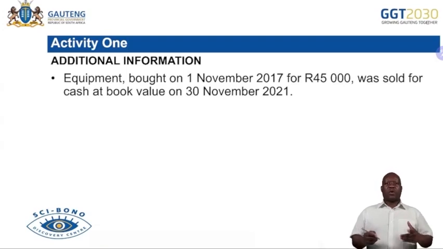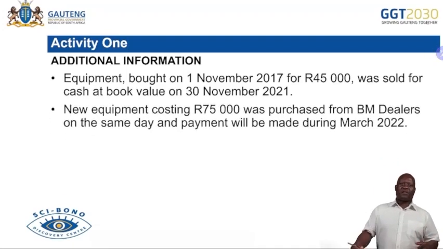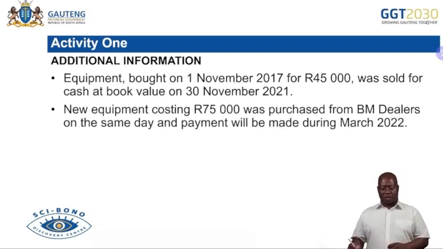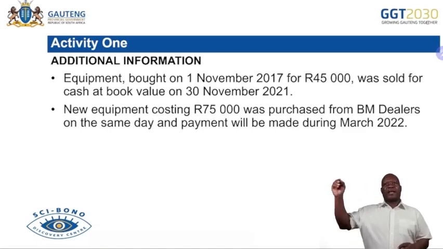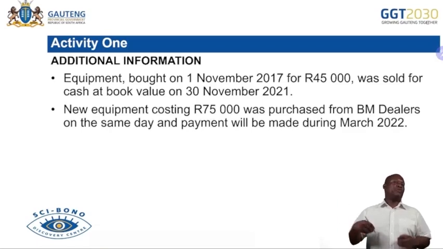Good. What else are they giving us as additional information? New equipment costing 75,000 was purchased from BM dealers on the same day and payment will be made later. Check this much. The payment terms are not as important as the date, but we are just saying payment is going to be made later.